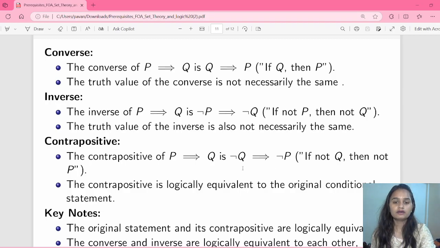You can check this on your own. The truth values of P implies Q and its contrapositive negation Q implies negation P are the same, and the converse and the inverse have the same truth value. But the converse and the original statement need not have the same truth value.